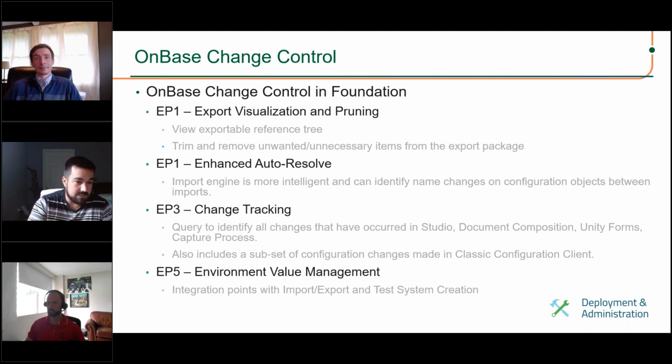What this interface does is it allows you to quickly query and identify all changes that have been made to your configuration through OnBase Studio, .conf, Unity Forms, your capture processes. We also include a subset of configuration changes made through our classic config client. Those metadata pieces, doc types, keyword types. I think we hit autofills. The MRG has the full list of all configurations that are covered by change tracking.